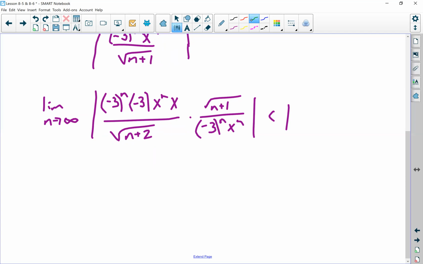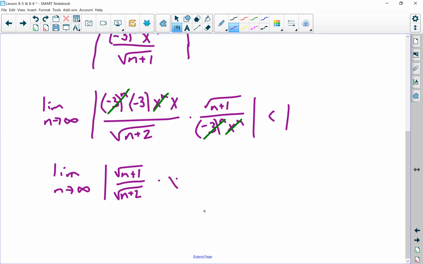So a couple of things now that we can cancel. And I'm left with the square root of n plus 1 divided by the square root of n plus 2 times -3x, sorry.